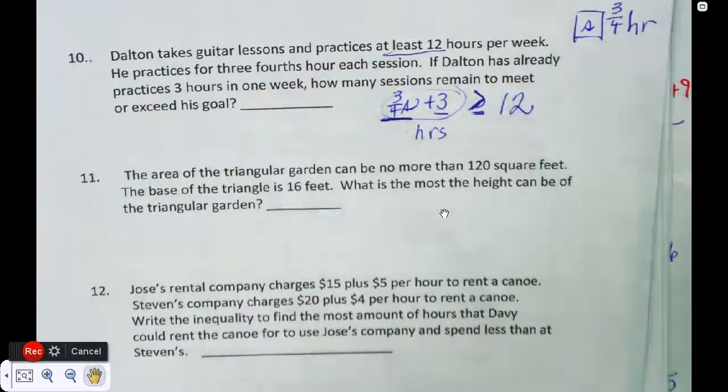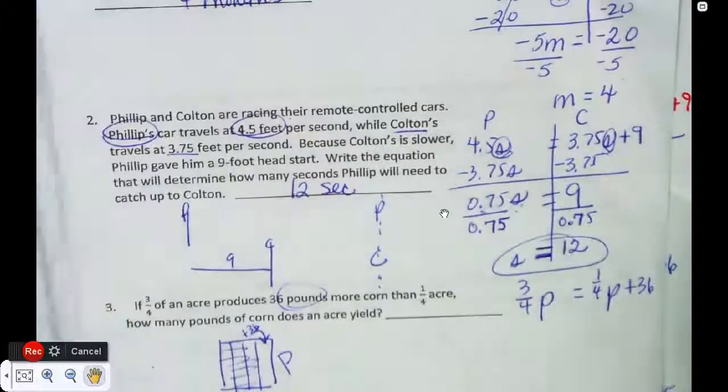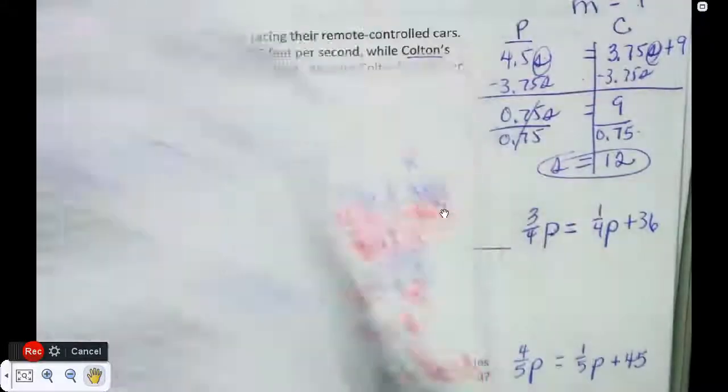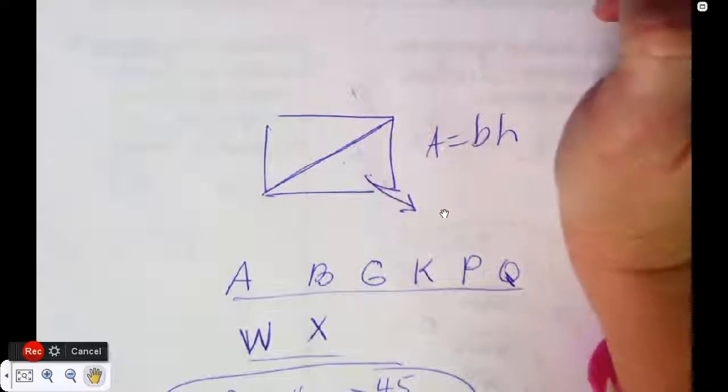Number 11. How do you get area of a triangle? Look, guys, on a rectangle, it's base times height.